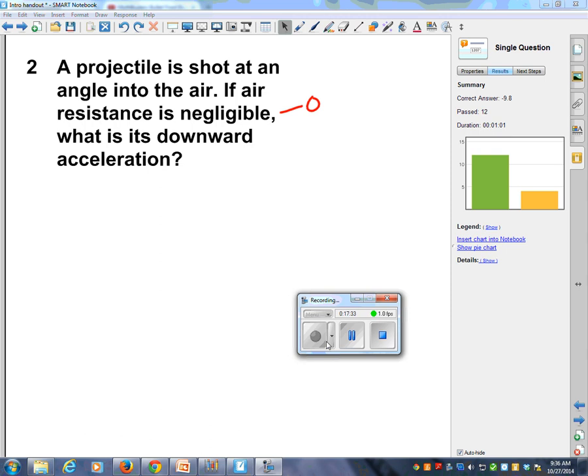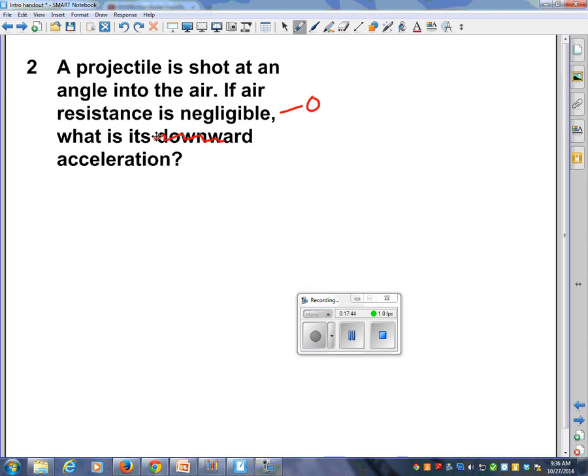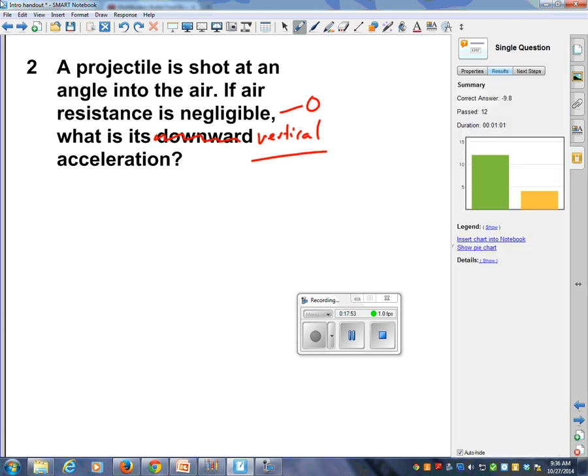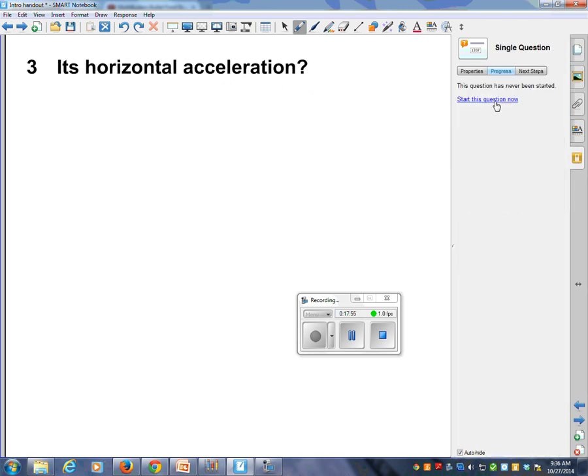Oh, Jason wants to. It's saying downward acceleration, so it's... So you're saying the negative doesn't need to be in there? It should be a positive. Lawyer in the making. It's like half the velocity. I'll better change that to vertical. So would that satisfy you? Fair enough. What about its horizontal acceleration?